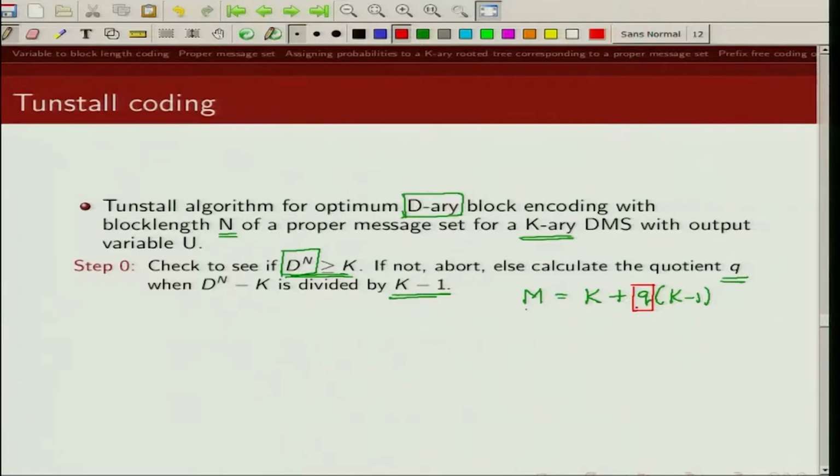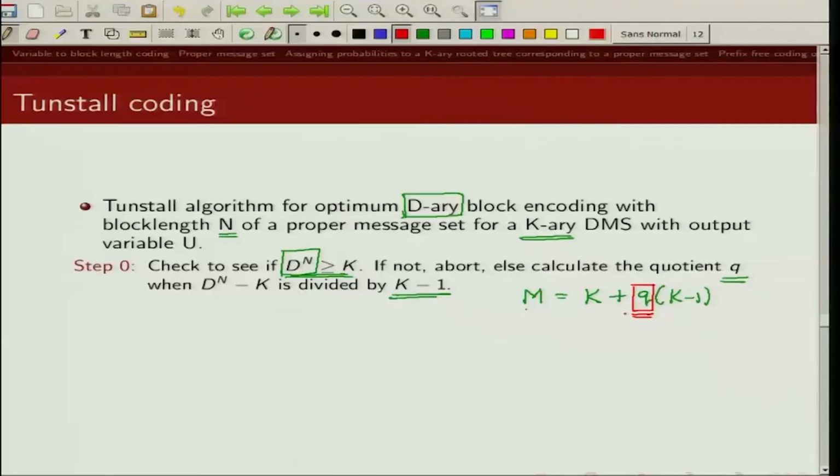Why do we need this q? Because we need to know the total number of messages that we need to create. So how many extensions of this proper message set we have to do, we have to first find out, right? And how do we find out? We find this out by dividing D raised to power n minus K by K minus 1 and finding the quotient. That would give us this q.